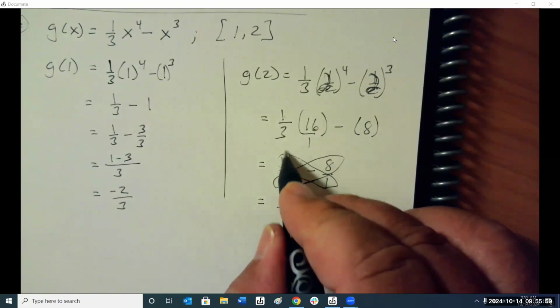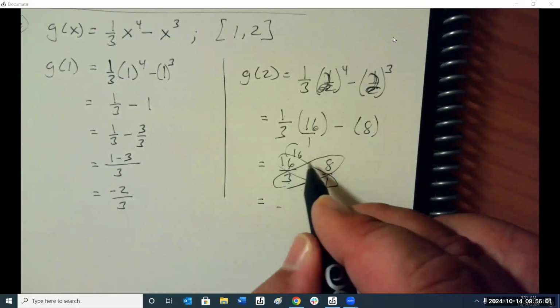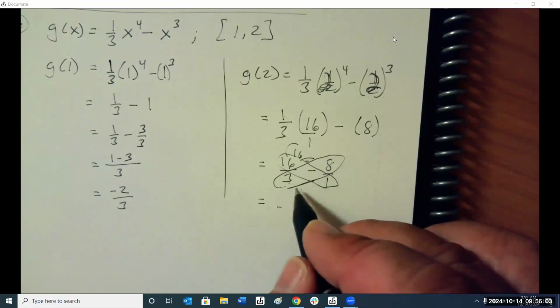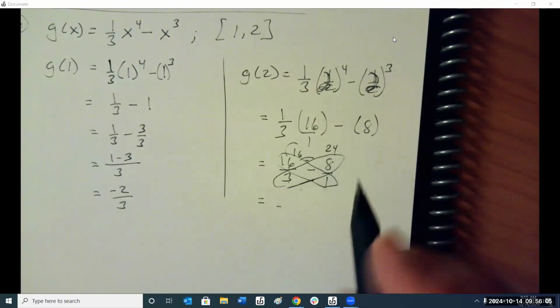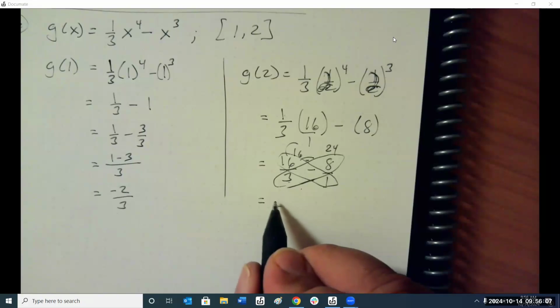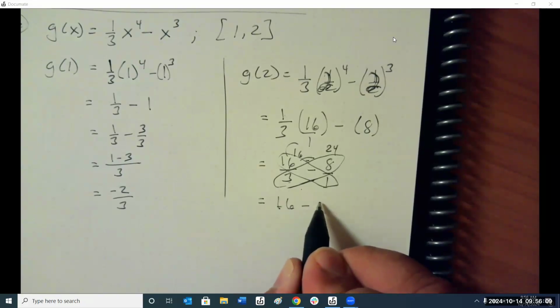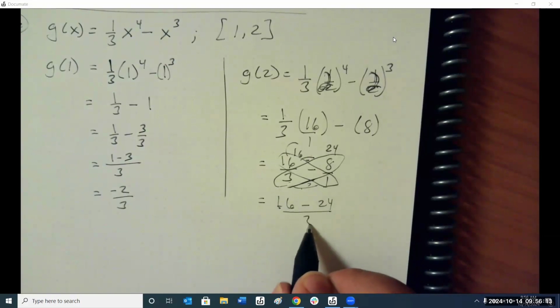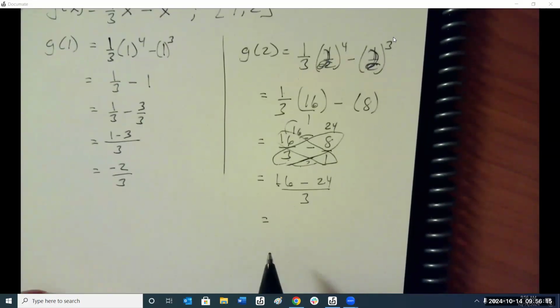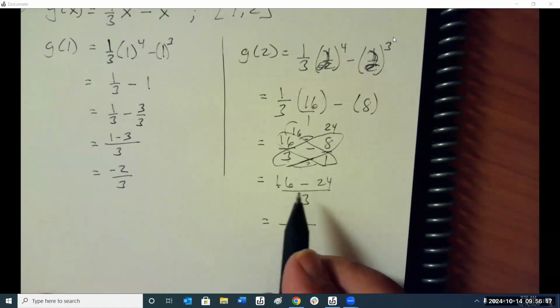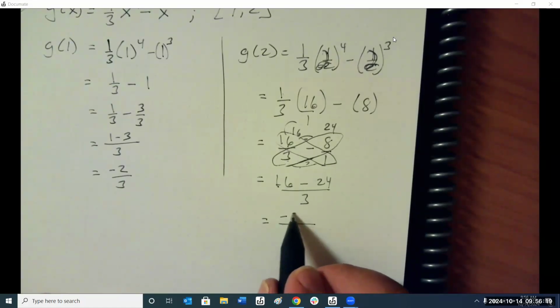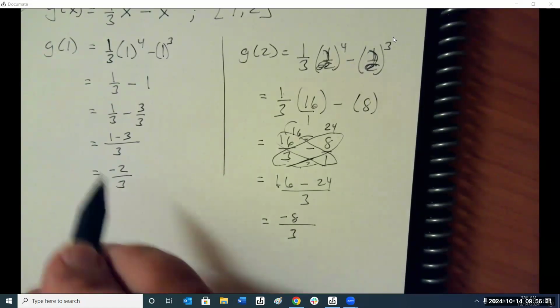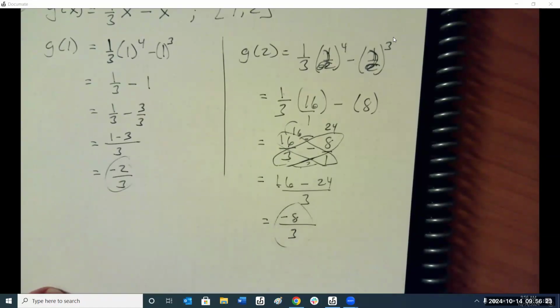So we get 1 times 16 is 16, minus 3 times 8 is 24. So it's 16 minus 24 over 3 times 1. So it's negative 8/3. They're both negatives.